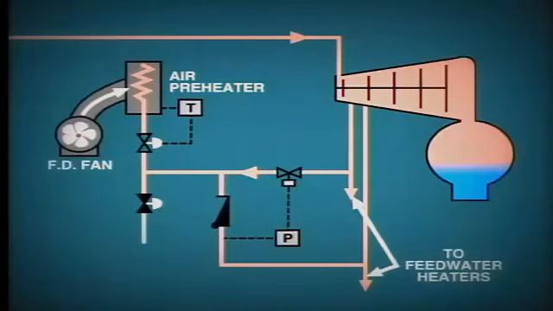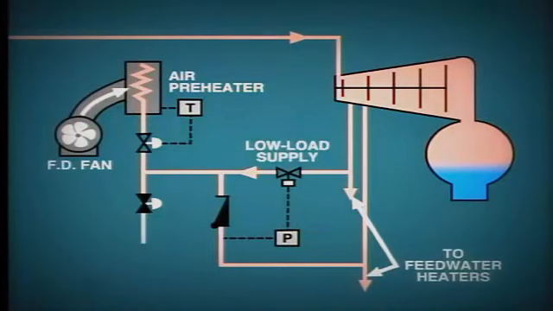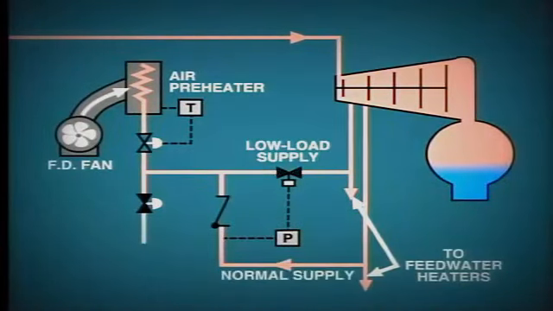In some plants, extraction steam may also be used to supply part of the auxiliary steam demand. For example, in this particular arrangement, steam can be supplied to the air preheater in the FD fan duct from either the first or second stage of extraction, depending upon the pressure available.